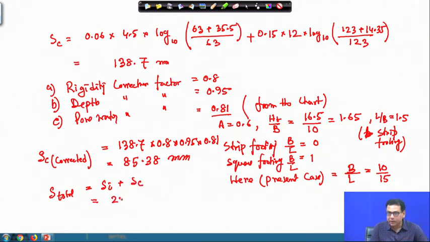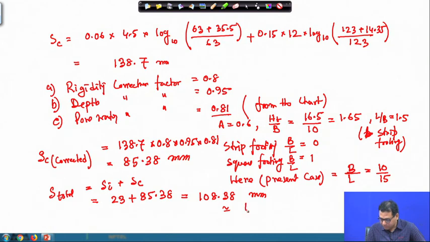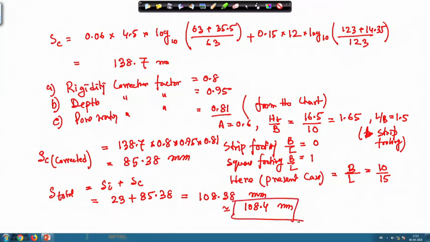So, immediate is 23 plus consolidation settlement is 85.38. So, total one is 108.38 millimeter, or it is close to 108.4 millimeter. So, that is the total settlement calculated for this raft foundation resting on the clay.